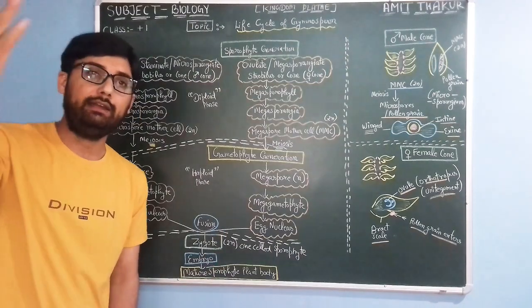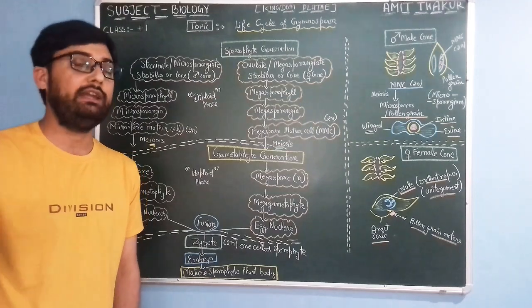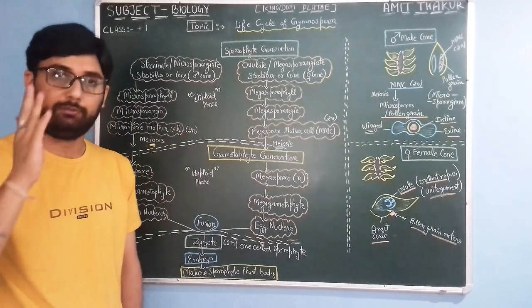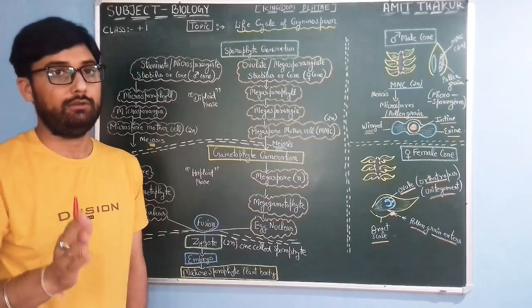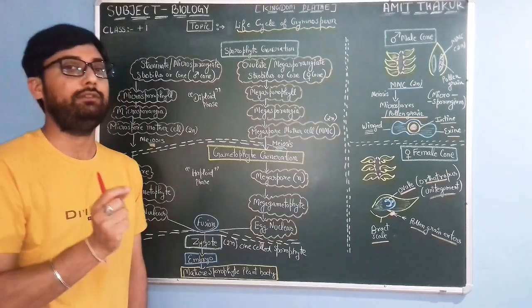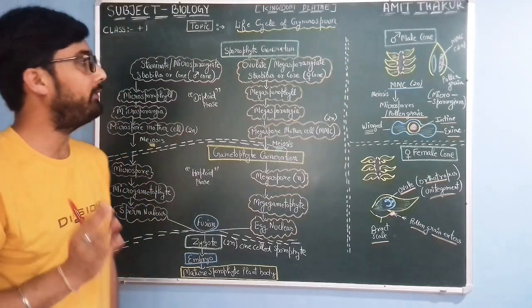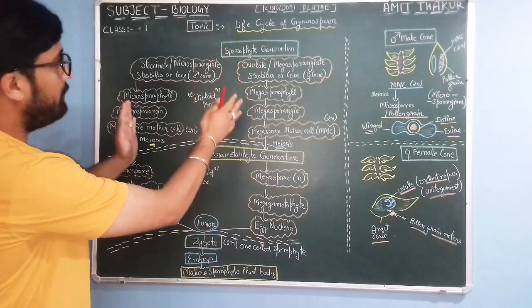So when you see cycas or spruce trees in hilly areas, all of these are gymnospermic plants, and that plant body is the sporophytic plant body, because the sporophytic phase is the dominant phase in the life cycle of gymnosperms. So this is the life cycle of gymnosperm.